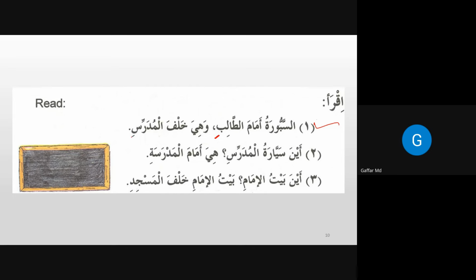The blackboard is in front of the student, and it is behind the teacher.